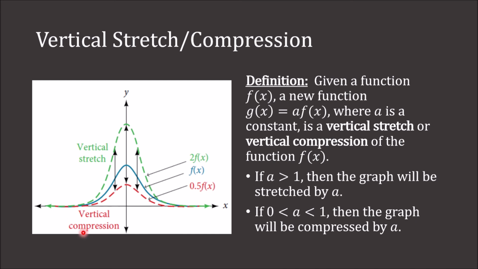And we can see here, so this blue is our original function f of x. If we multiply it by 2, it stretches out in the vertical direction by a factor of 2, versus if we multiply it by a half, it will be compressed down in the vertical direction by a factor of 2.